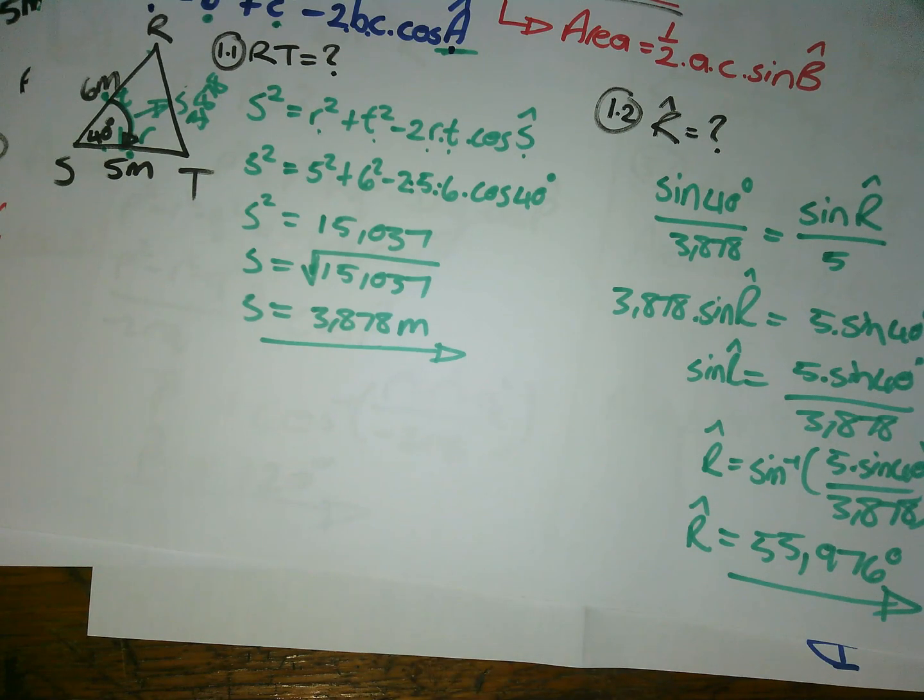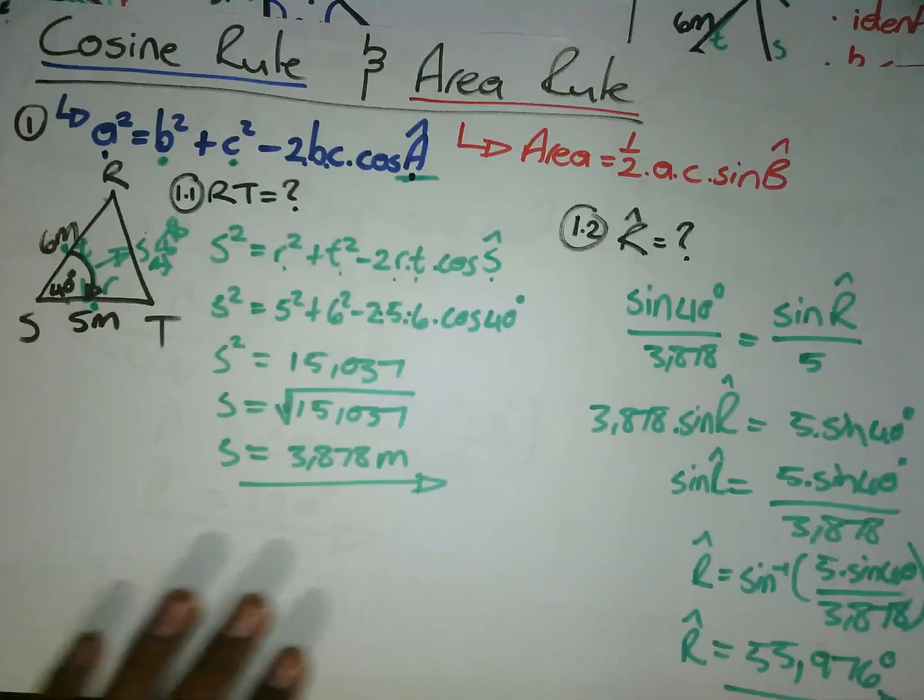Wow. Only 2 marks. That just shows how simple it is. Yeah, guys, your test is very straightforward. But this is cosine and area rule.